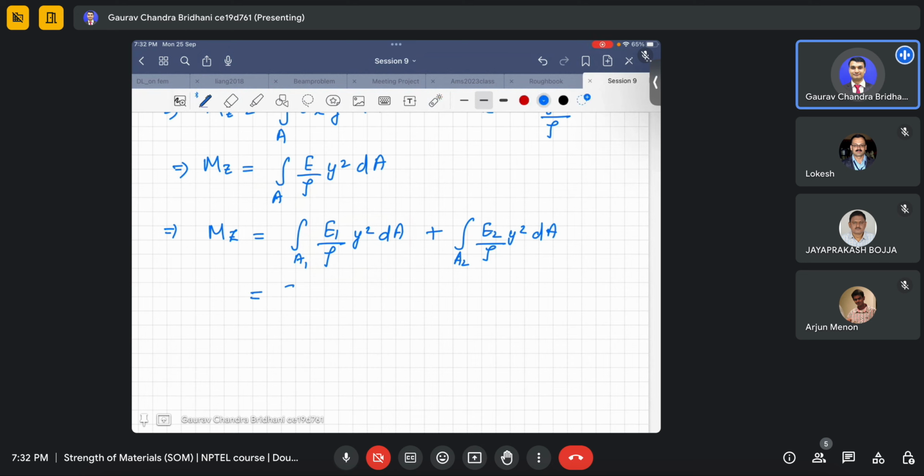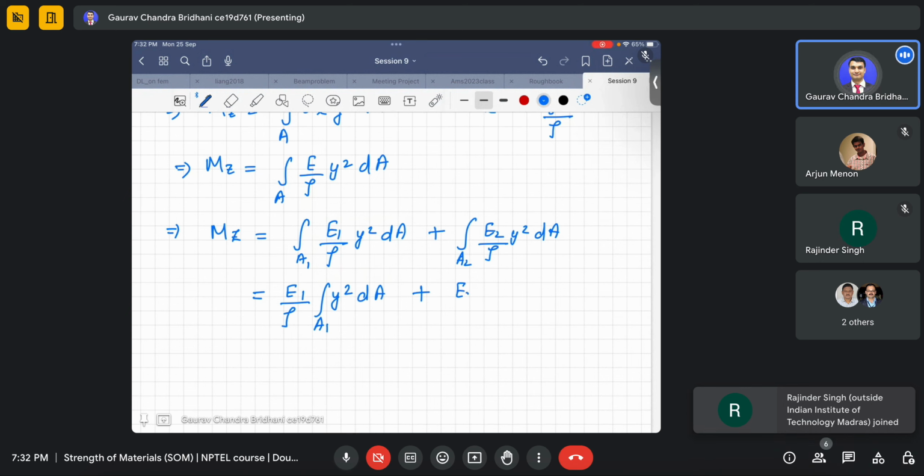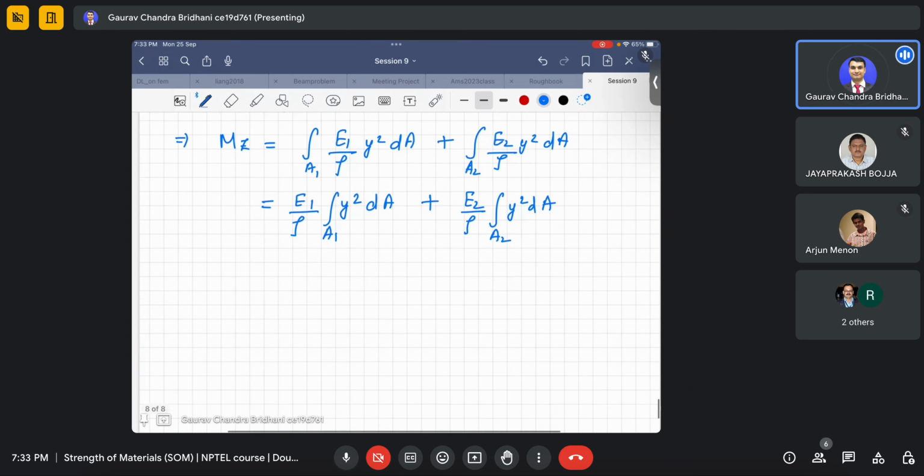Now I take the E by rho term out, and I say E1 by rho integral y square dA plus E2 by rho integral y square dA. Correct? So this becomes E1 by rho IZZ1 plus E2 by rho IZZ2, since integral y square dA is IZZ.